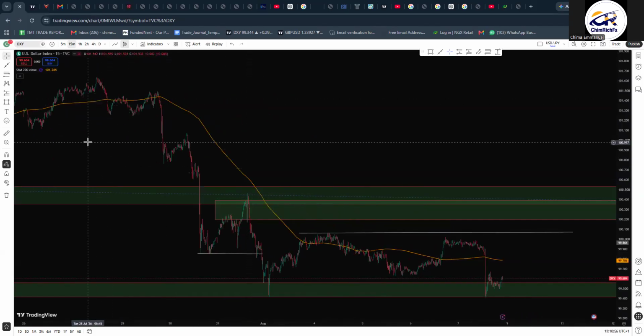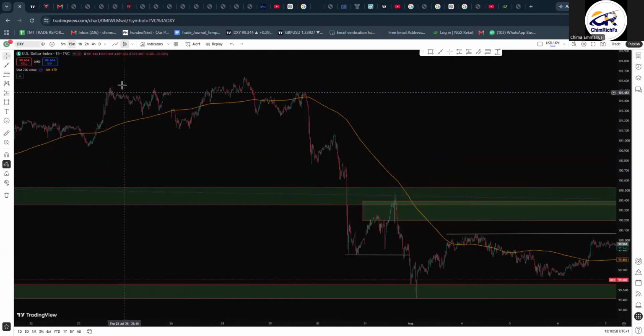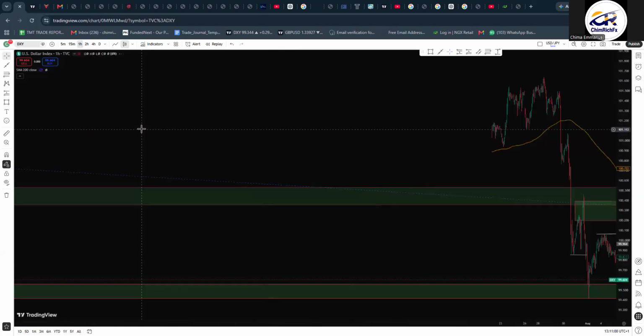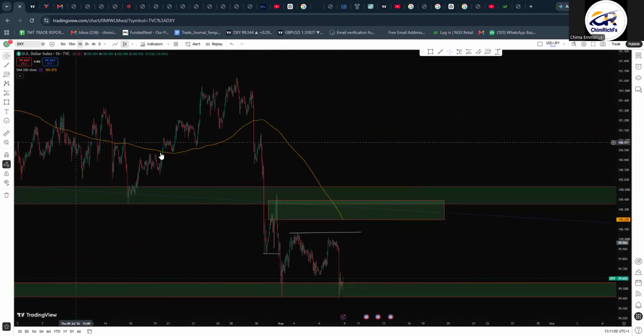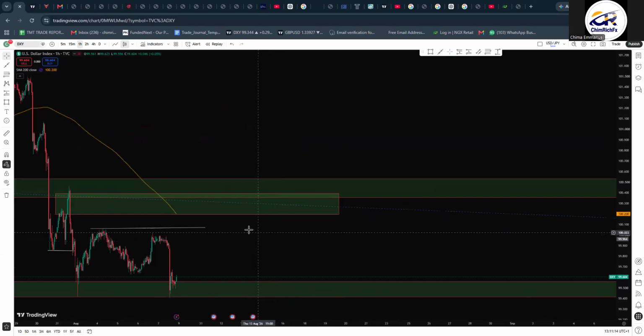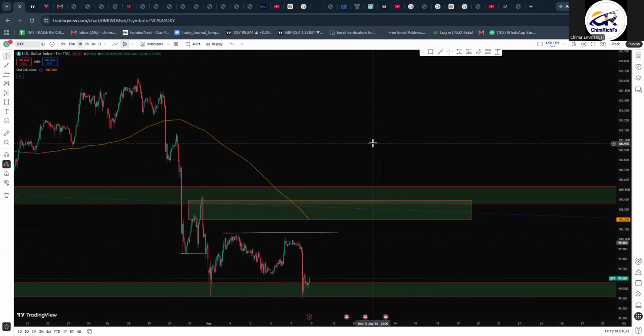Looking at the moving average, let's see where it is on the 1 hour. Price is directly below the moving average. So we have confidence to say that the market is on a bearish trend.